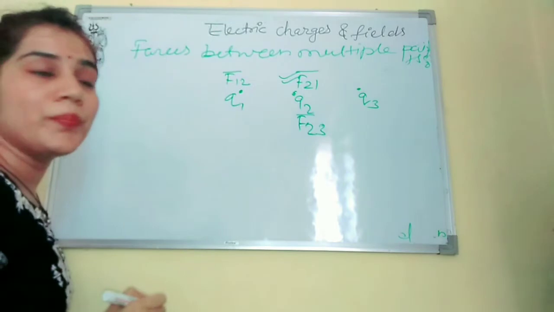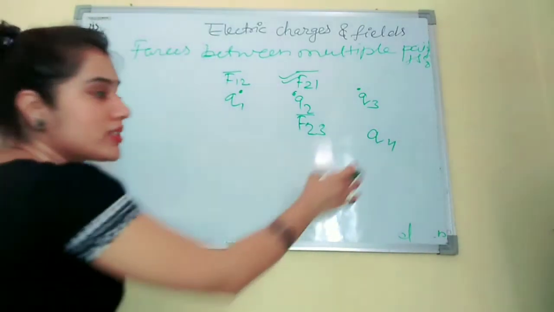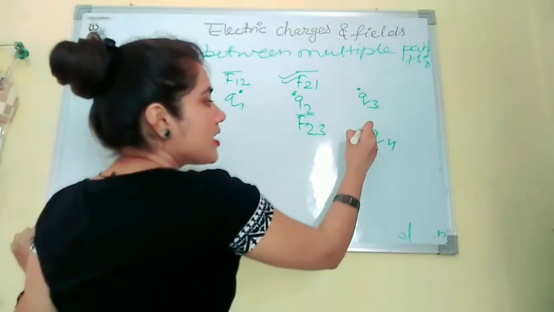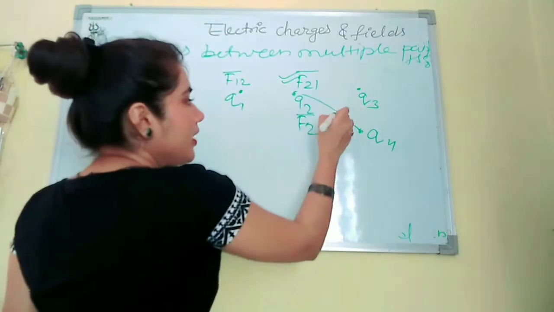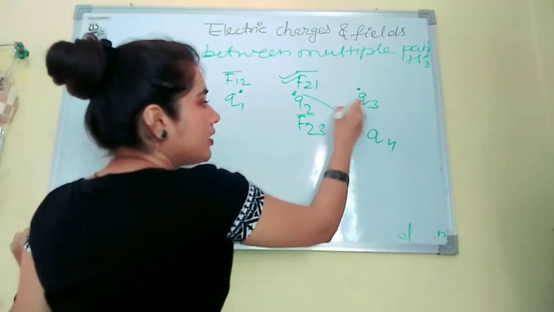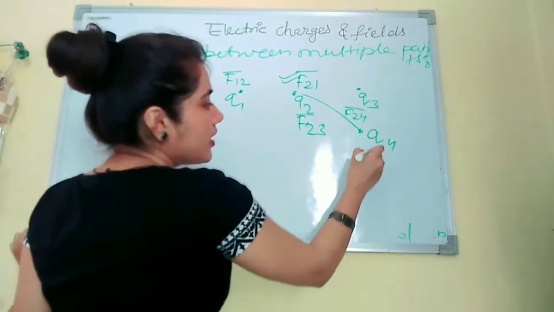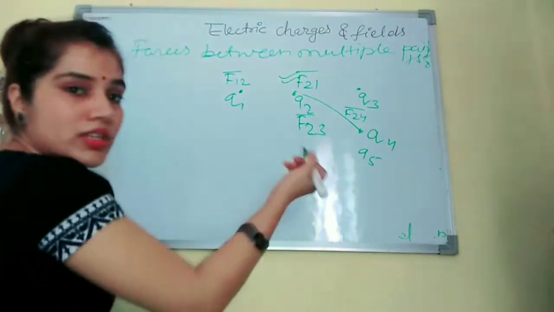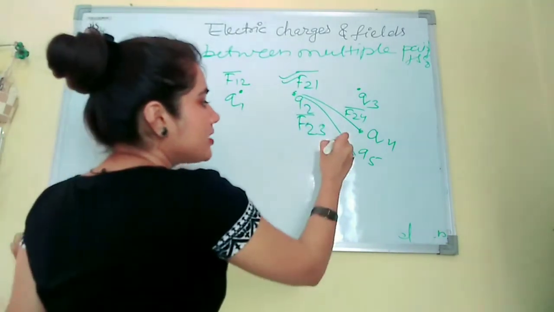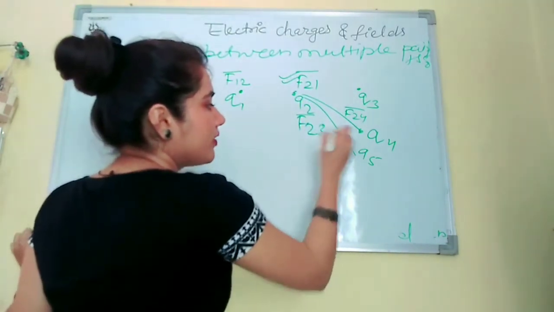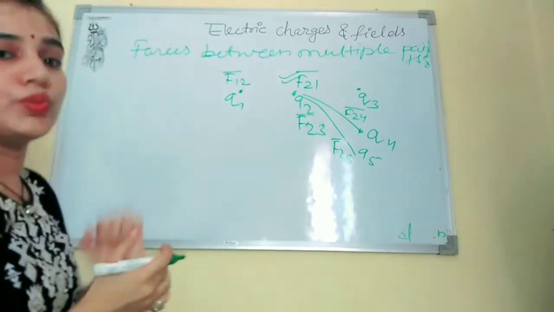in the vector form. Suppose another charge has come, it is also applying some force on Q2, that will be the vector F24. Suppose one more charge Q5 has come into the region, it is applying some force on Q2, that is F25. So how will we find the net force on Q2?